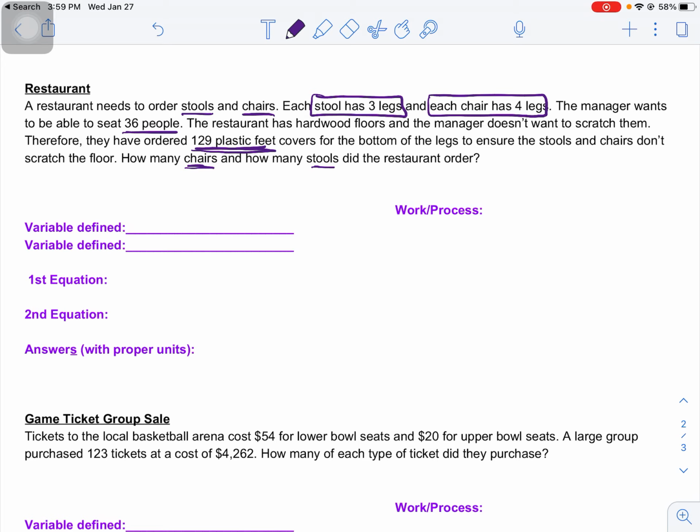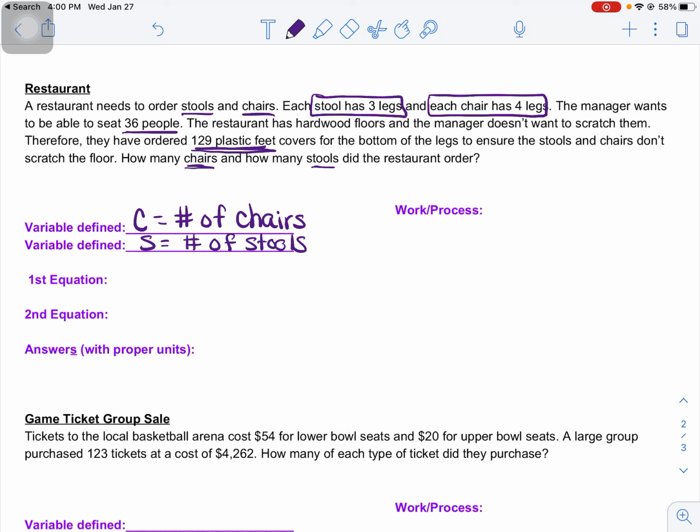Well, if it's asking us about the number of chairs and number of stools, that's what we're going to use for our variables. So we can use C for the number of chairs, and we'll use S for the number of stools. So now let's talk about our equations.